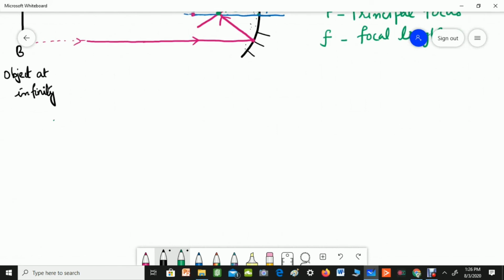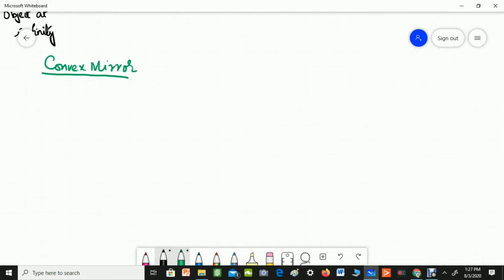Now this is the diagram for a convex mirror. In the case of a convex mirror, the reflecting surface is actually bulged outward. Okay, so this dotted line side represents the reflecting surface, and this one is the non-reflecting part of the convex mirror.